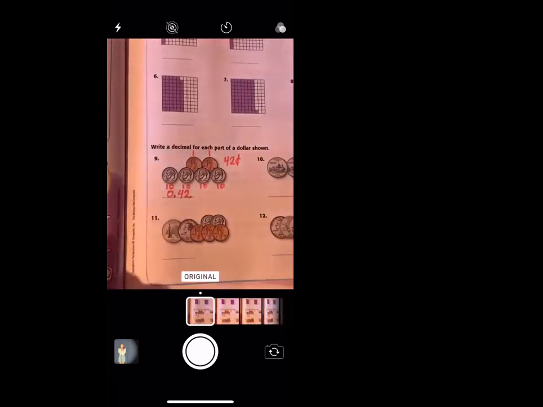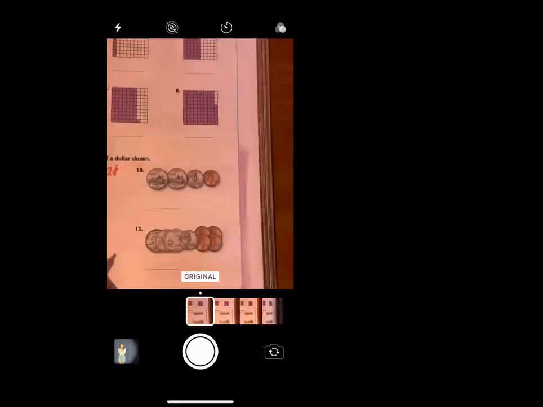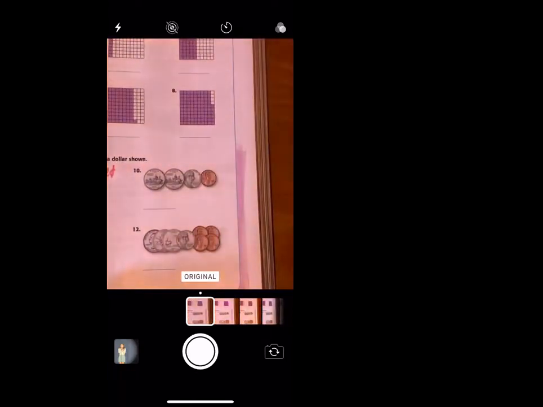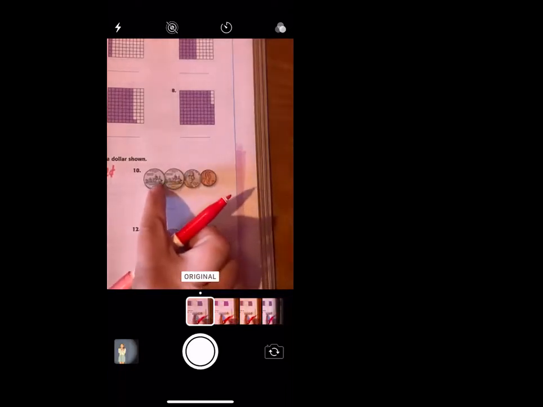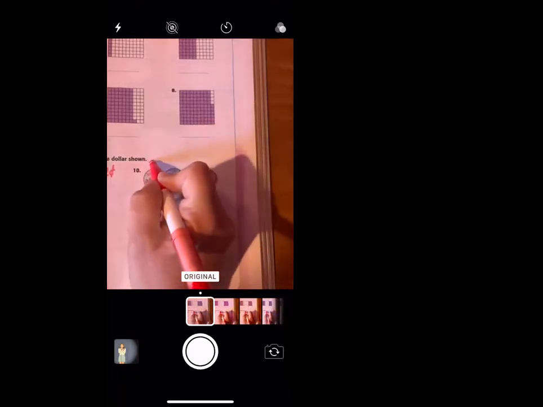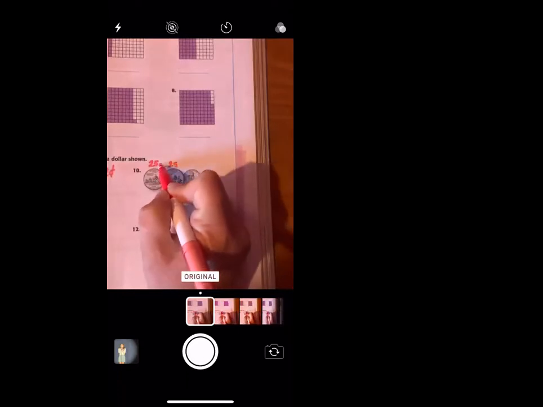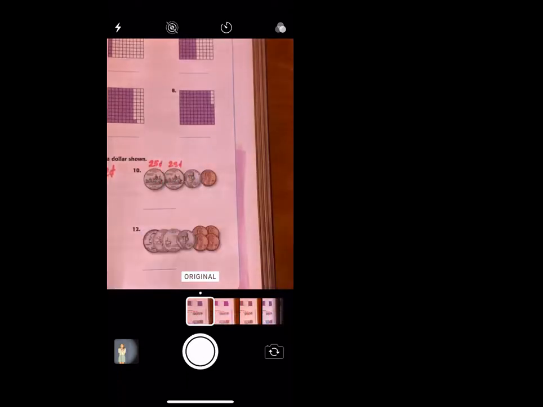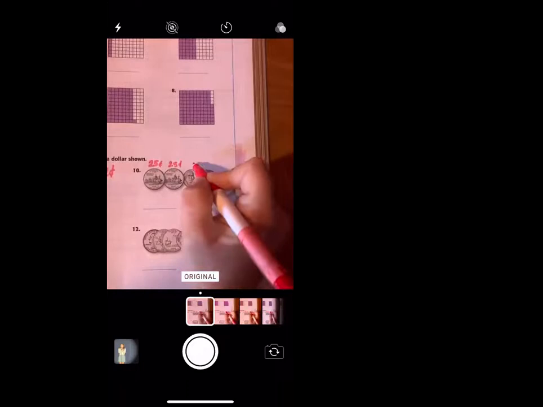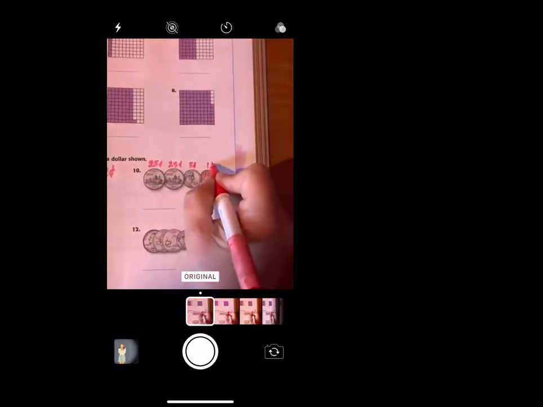Okay, I'm going to do number 10 with you, just so you can see one more example. Okay, so here I have 2 quarters. A quarter is worth 25 cents. And another quarter is worth 25 cents. And then I have a nickel, which is worth 5 cents. And a penny is worth 1 cent, right?